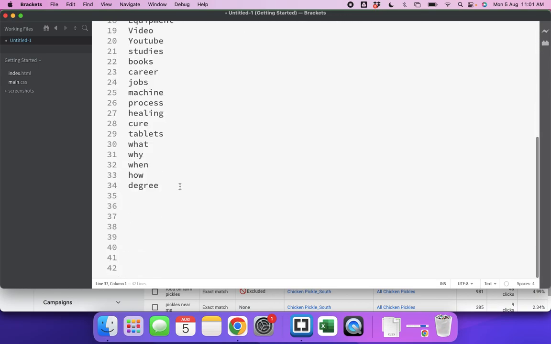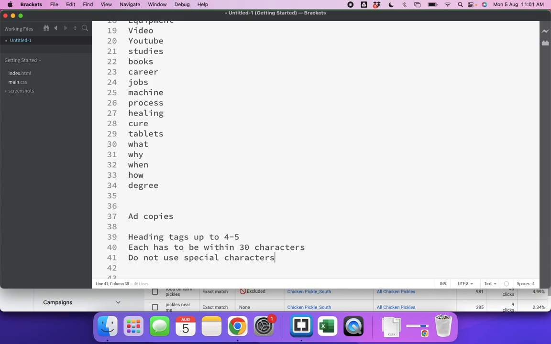Next, add copies. Add copies, heading tags up to 4 to 5. Each has to be within 30 characters. Is it 30 or 25? 30 characters, right? Do not use special characters.